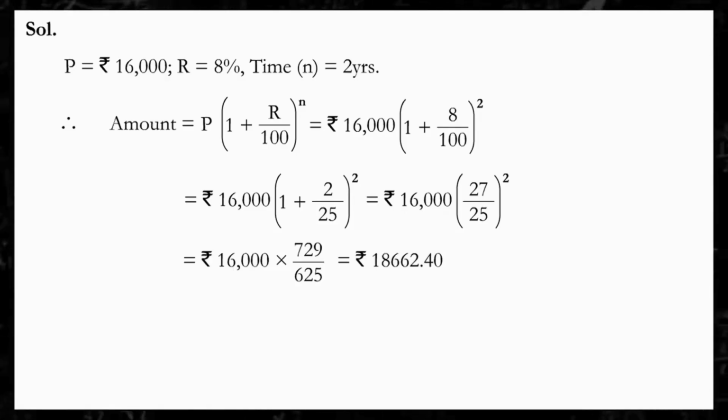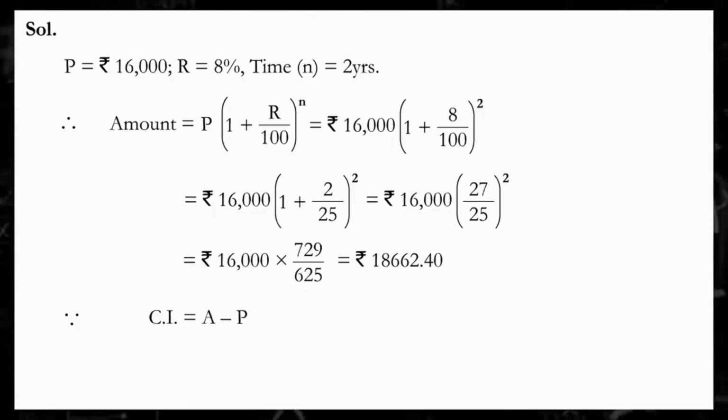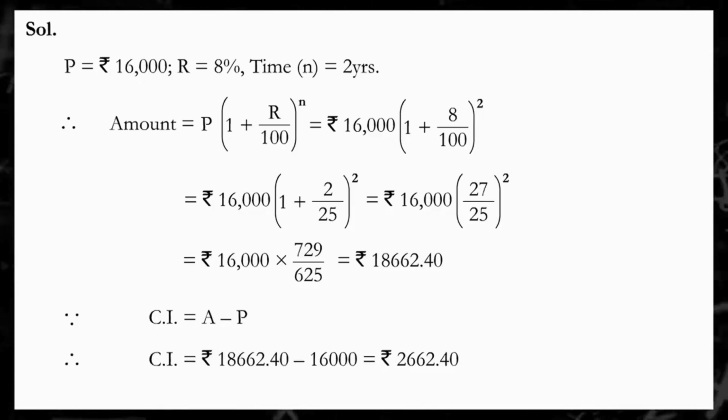This is equal to rupees 16,000 into 729 upon 625, which is equal to rupees 18,662.40. Since CI is equal to A minus P, therefore CI is equal to rupees 18,662.40 minus 16,000, which is equal to rupees 2,662.40.